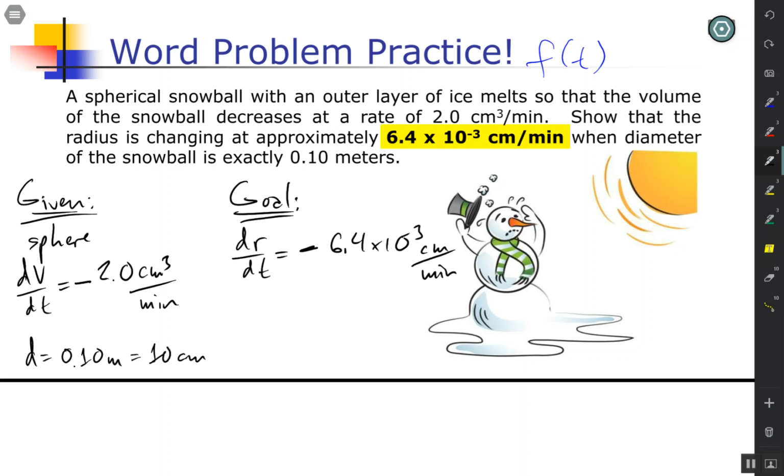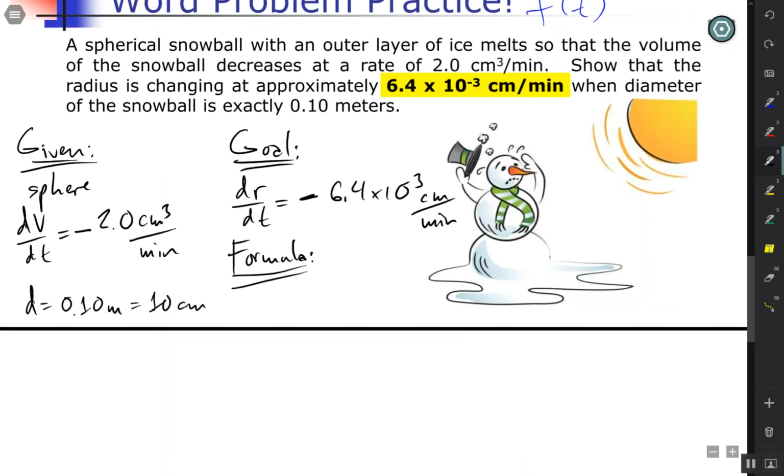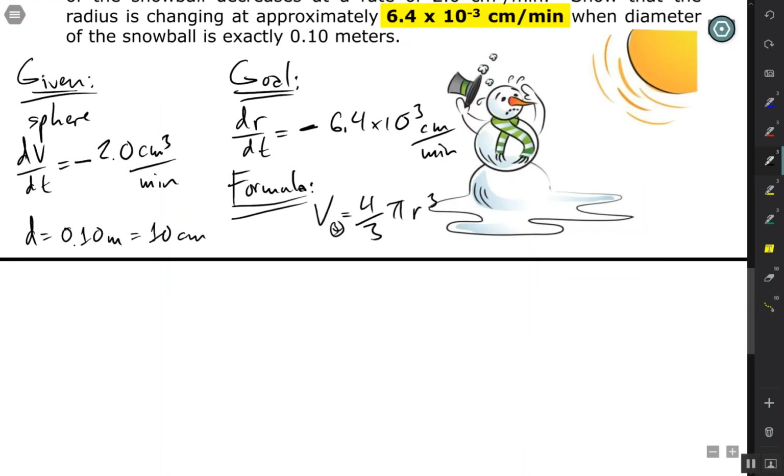And the formula, this one is actually not too bad because the only formula we need here is the volume of a sphere, which is 4/3 pi r cubed. Okay, and so pretty much we're already ready to solve the problem.